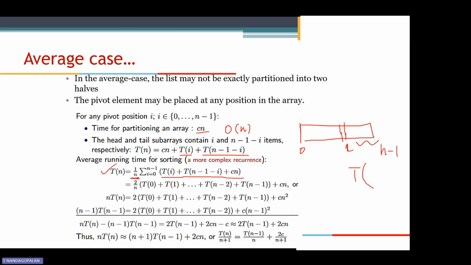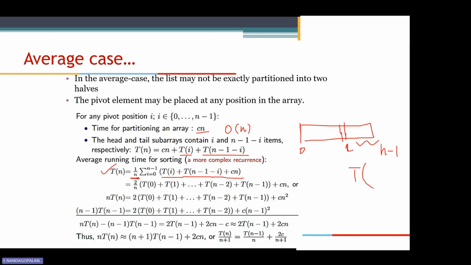If you understand this, the rest is very simple, purely a mathematical way of elaborating this. Because here we have both summation and recursion, no problem. So we have to just remove this summation first. And then, for example, I is 0, so T of 0, T of n minus 1, all that.